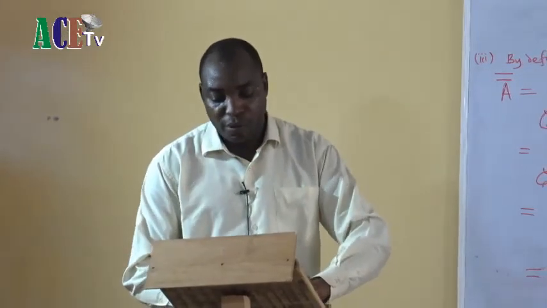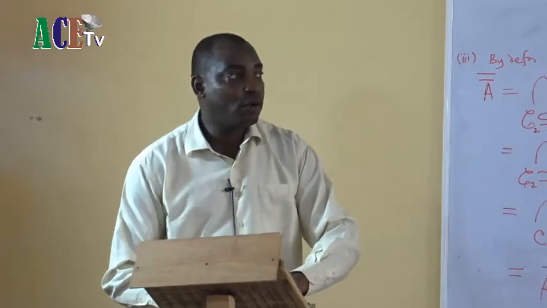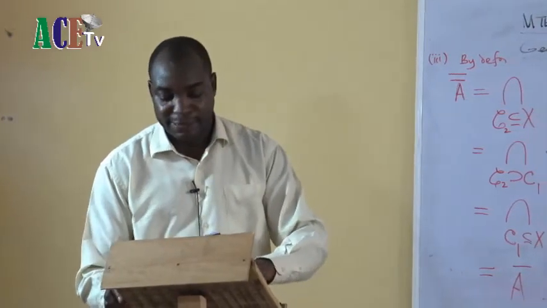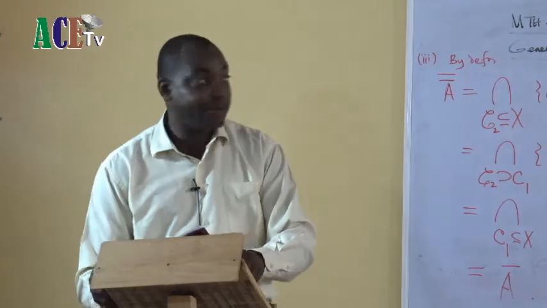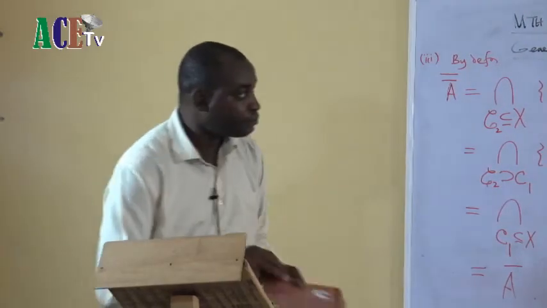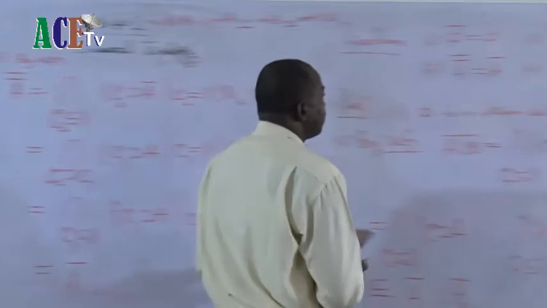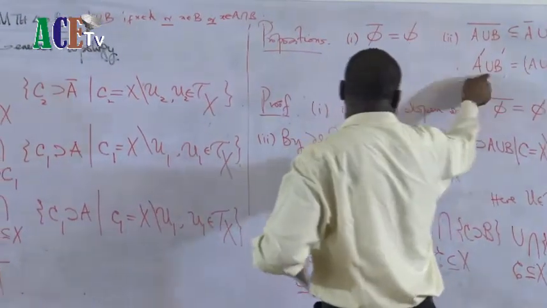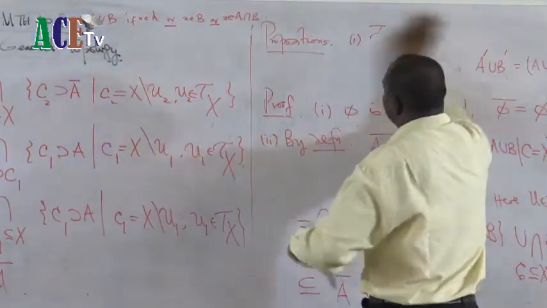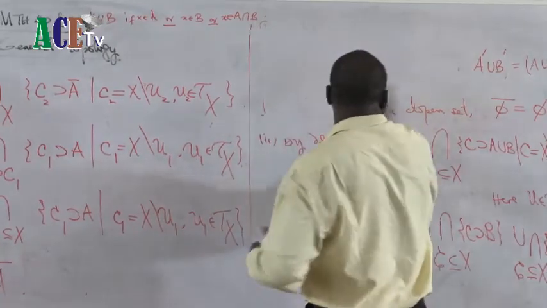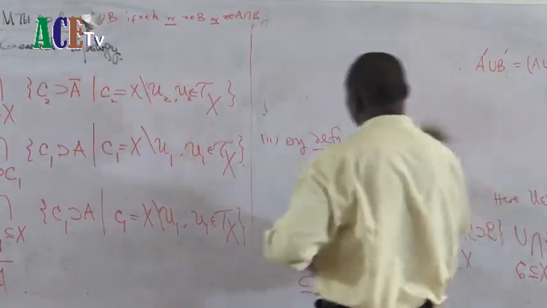Now, we want to look at the union of derived sets. That is number 4. We want to see the proof of that.